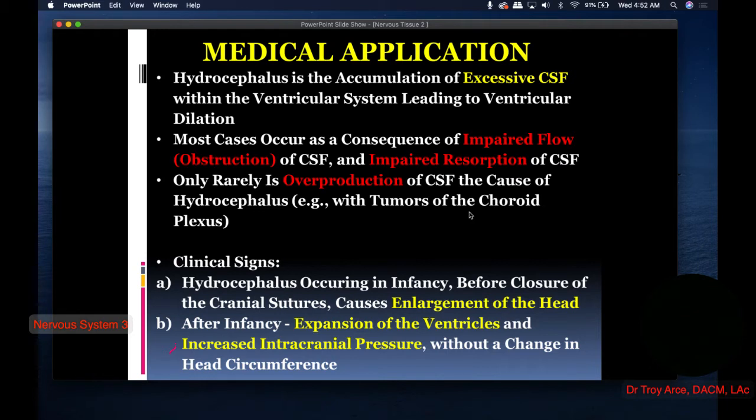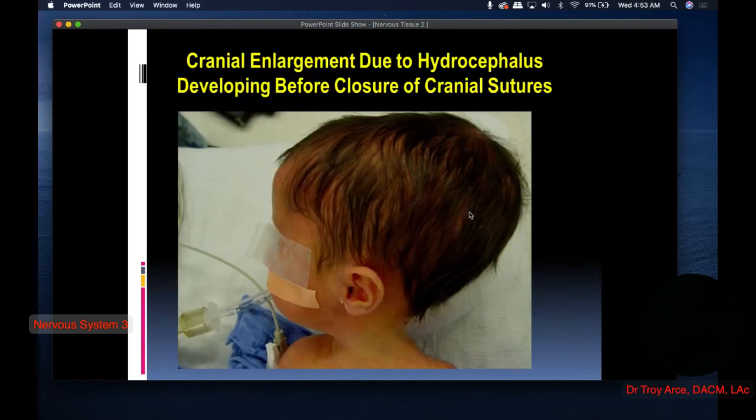And there are certain vital signs that are indicative of increased intracranial pressure we can talk about. But for this application, let's discuss the cranial enlargement due to hydrocephalus developing before closure of the cranial sutures.